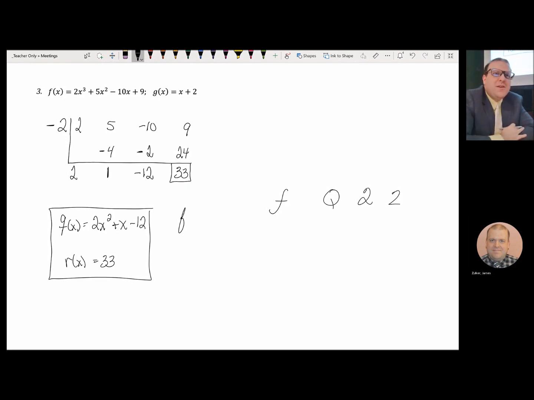I should probably start writing my 2s like that because there is a symbol in Calc 3 that looks like a 2 if you're not careful. Partial x, that partial looks like a 2.